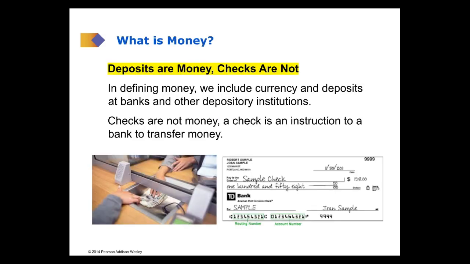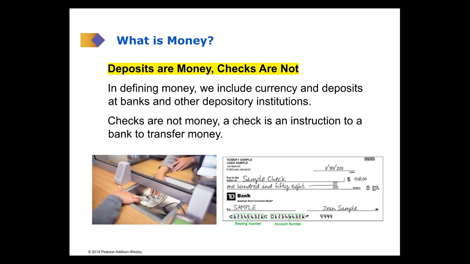Now let's look at a few things. Deposits in banks are money. But the checks that we write are not money. Checks are just a way for us to access our money.